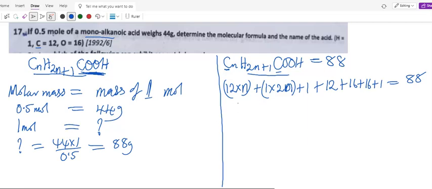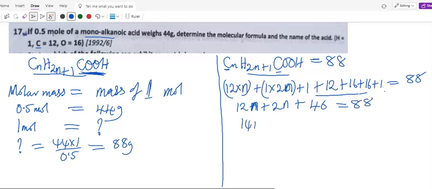Okay, so we have 12n plus 2n, plus the sum here is 46. 1 plus 12, 13, 14, 30, 46. Everything will give you 88.